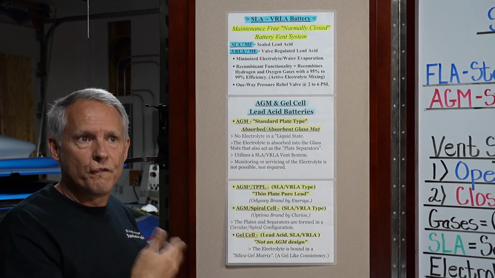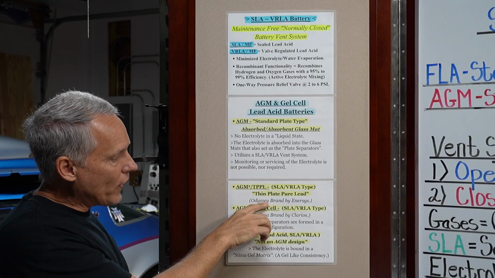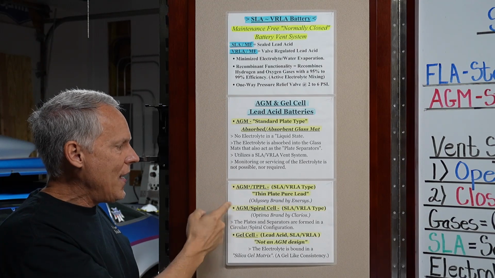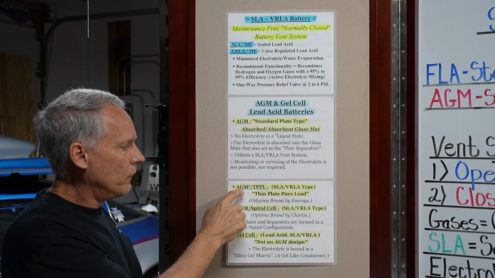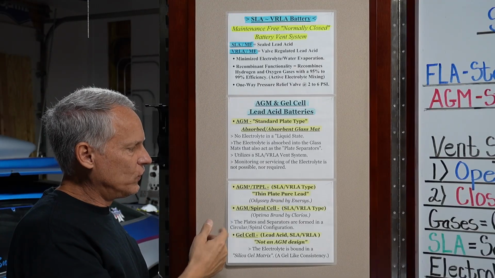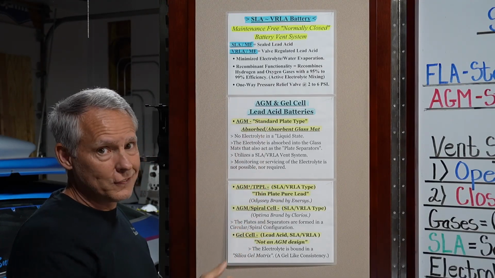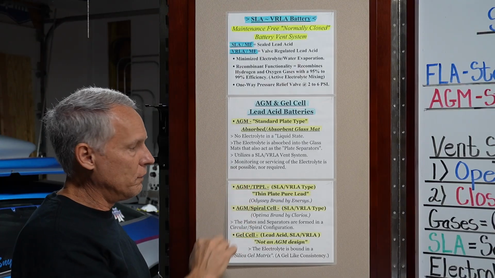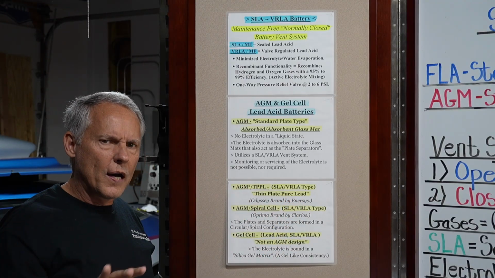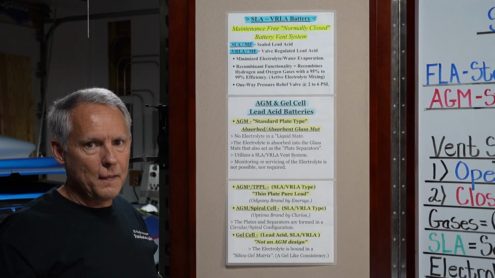A different form of AGM battery is your thin plate pure lead battery. Odyssey brand. It's made by EnerSys. They have this acronym AGM2. I think it's just their way of saying it's different than a standard AGM battery. I don't know that AGM2 means anything other than that. I believe it's something that they came up with. I could be wrong about that, but I think that all that's denoting is thin plate pure lead.